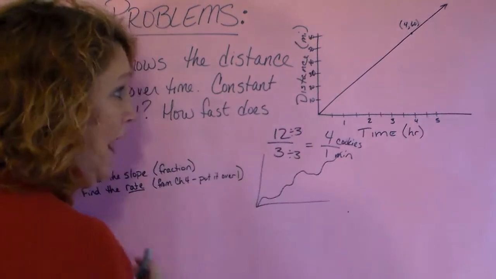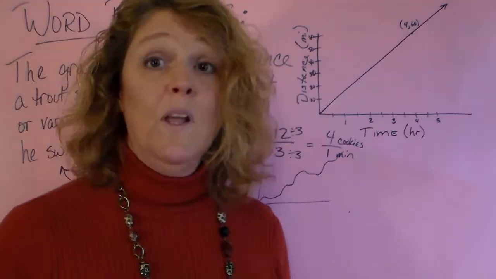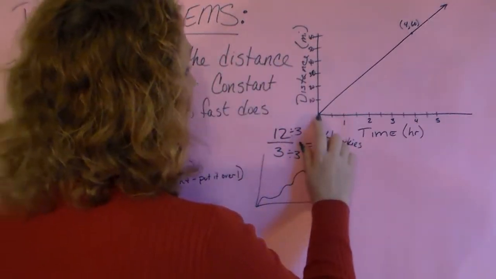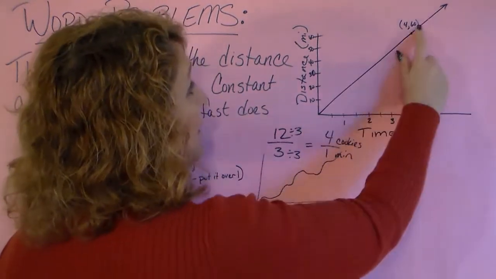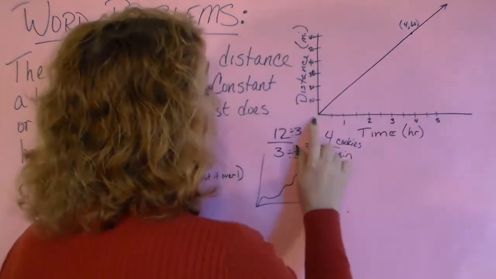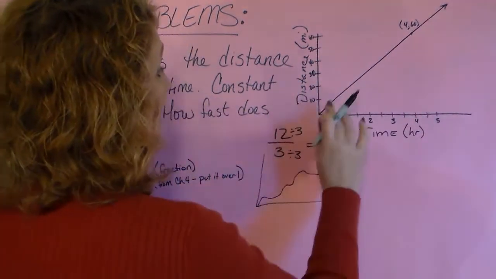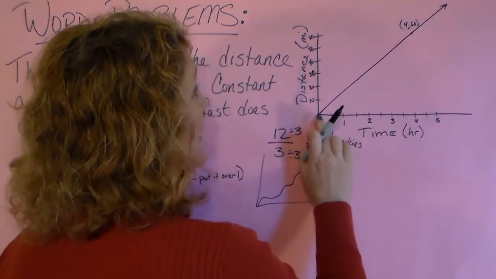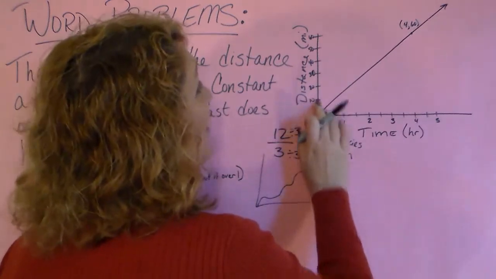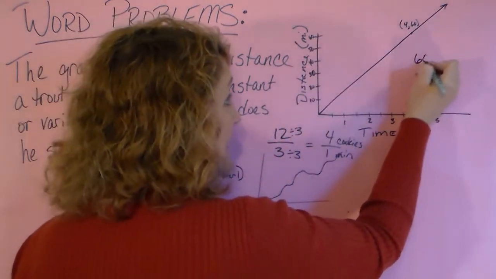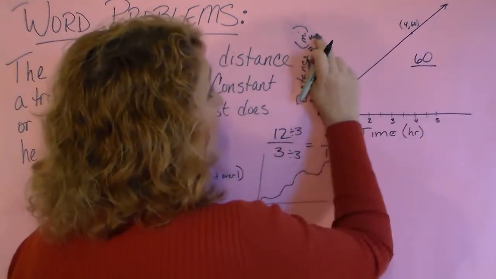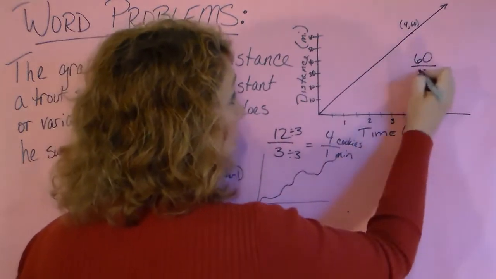The other point on our graph is 0, 0. So if we get from 0, 0 to 4, 60, we're going to count rise over run. How much does it go up from 0? And this is easy to tell. It goes up 60, and it goes across 4.